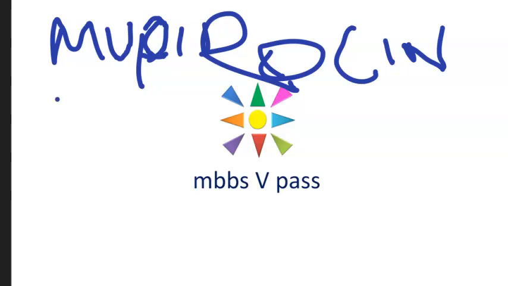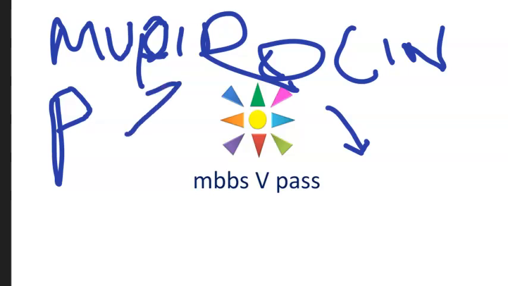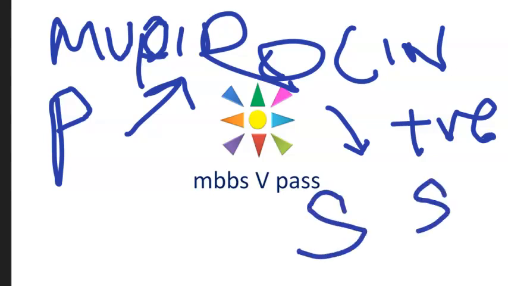So from where is it coming? It is coming from Pseudomonas bacteria, which is gram-negative. But this MUPIROCIN is active against which bacteria? Gram-positive bacteria. Example, Streptococcus, Staphylococcus.